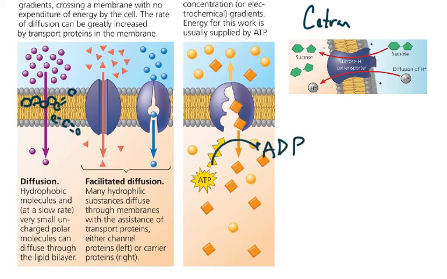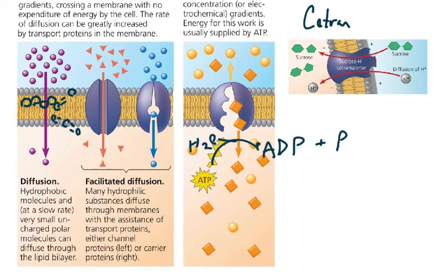So we are releasing a phosphate via hydrolysis. So we have water that goes into this and does not come out. And this is going to help us get things across the membrane the opposite way from where they would, quote unquote, want to go spontaneously.